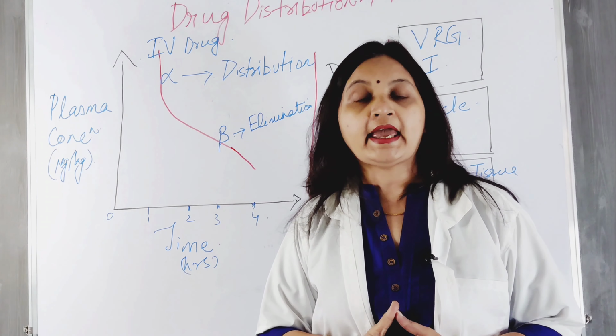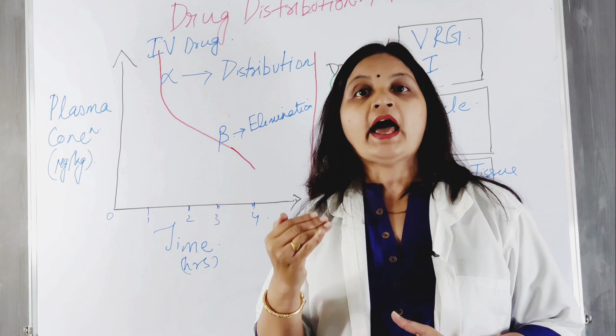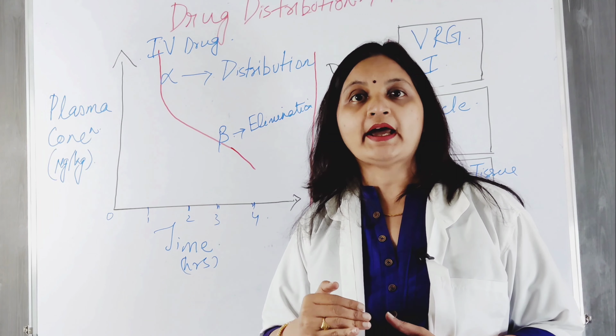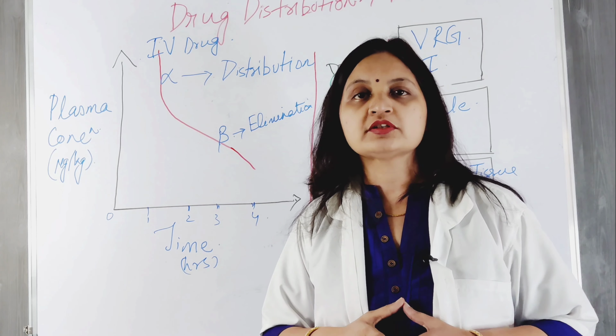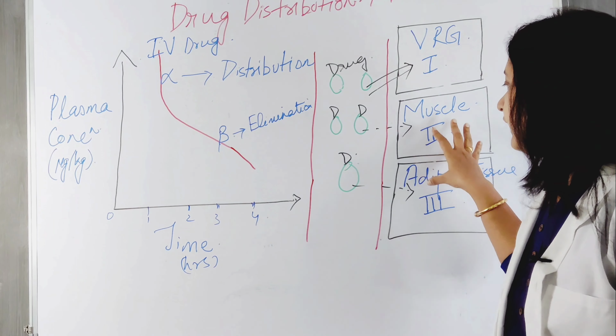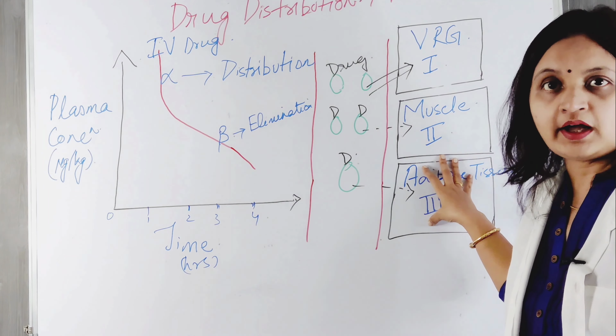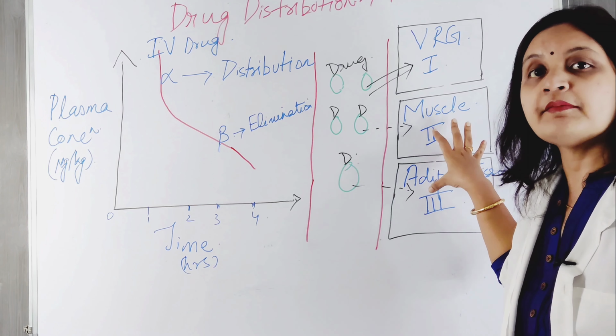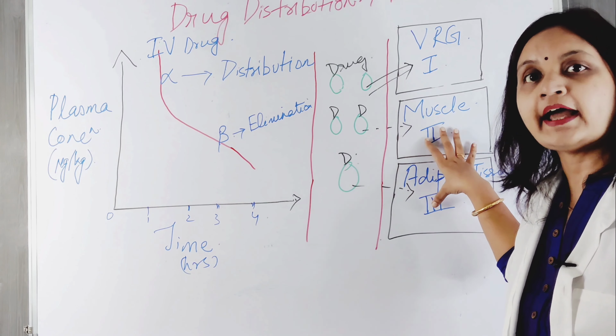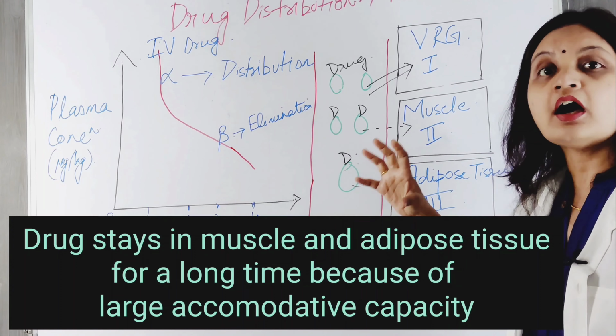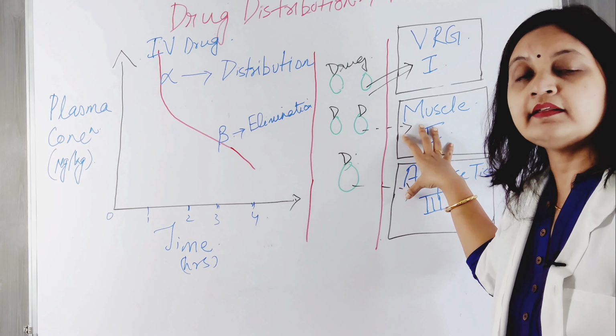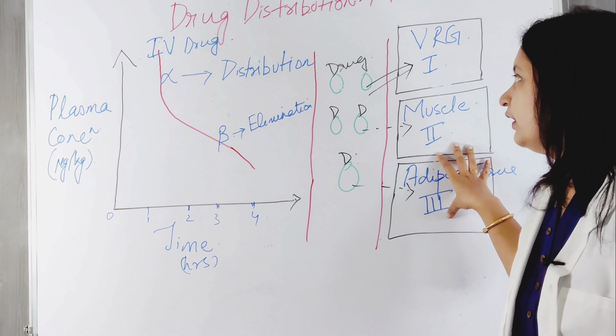This is followed by the exit of drug from the muscle, which is in turn followed by the exit of drug from the adipose tissue. So the muscle and the adipose tissue receive the drug late, but the drug stays in the muscle and adipose tissue for a longer time. This is because of the large accommodative capacity of the muscle and adipose tissue for the drug.